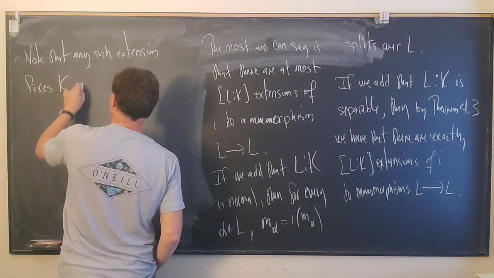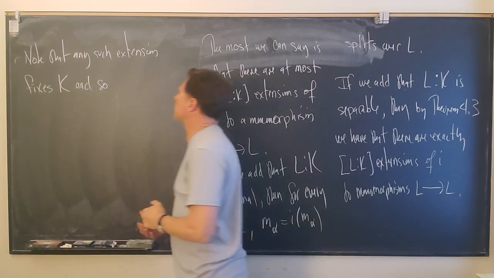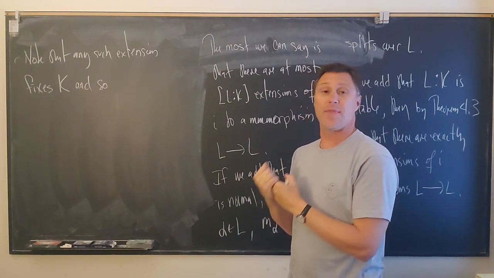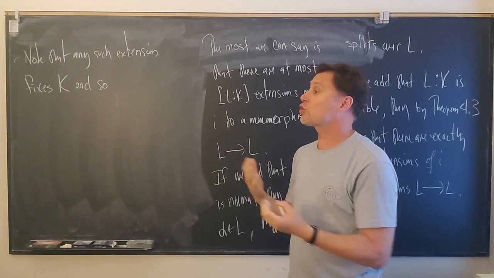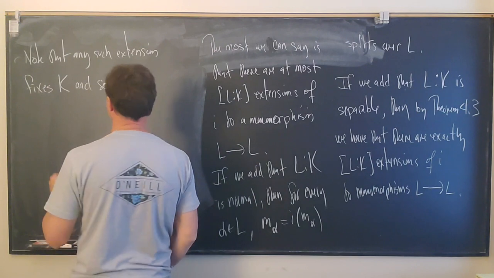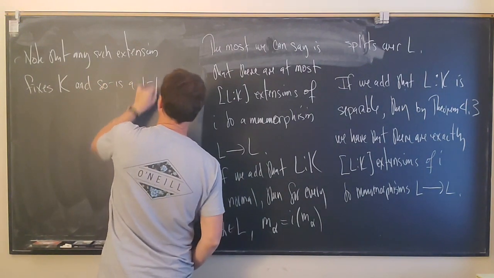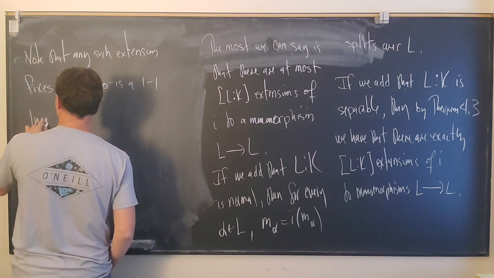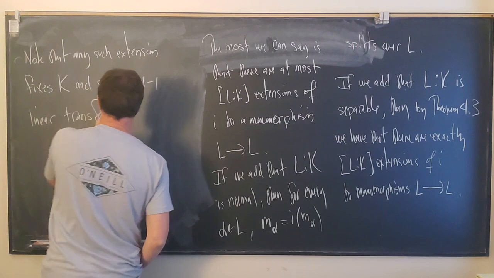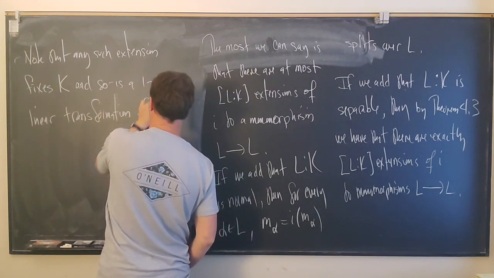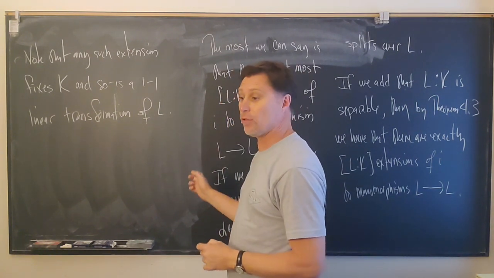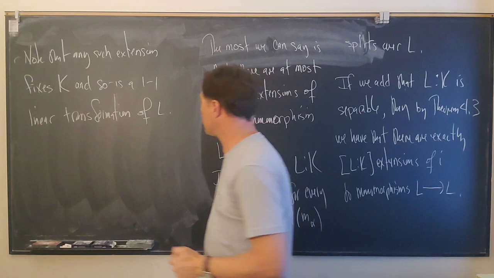And remember we talked about the importance of this: if you have a monomorphism that fixes K, then it behaves as a linear transformation of the vector space L. So it is a one-to-one linear transformation of L. If it's a one-to-one linear transformation of L to itself, that means it also has to be onto.